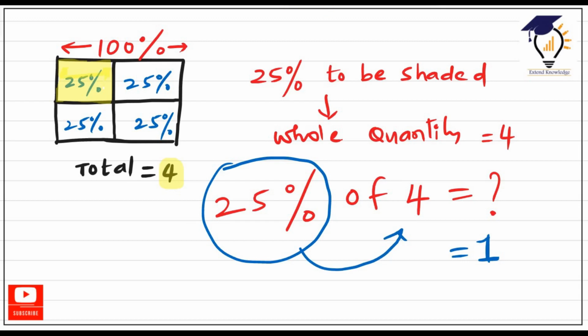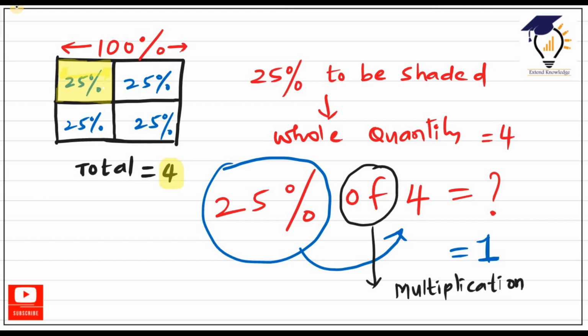Here I can solve it. One word you need to know is "of". This "of" represents multiplication. 25% of 4 we can write as 25% in fraction form, times 4. Of means times. So 25 by 100 times 4.